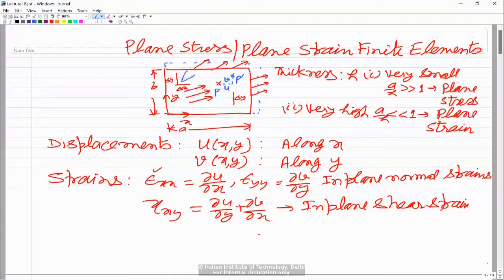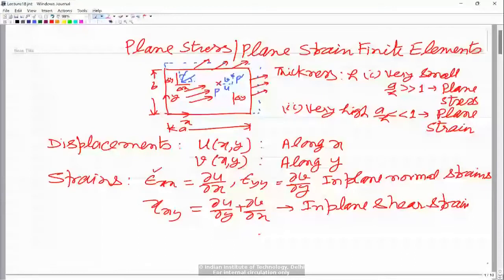Now this change in angle, this angle plus this angle, the sum of these two angles, the change in the angle from the initial right angle position, you call it the shear strain. And what I am writing here is the engineering shear strain. So these are the independent components of strains.